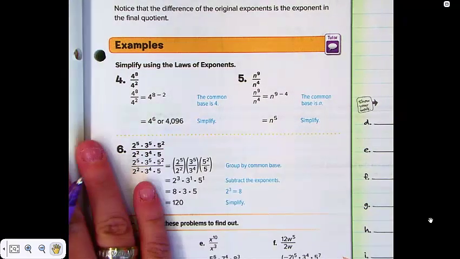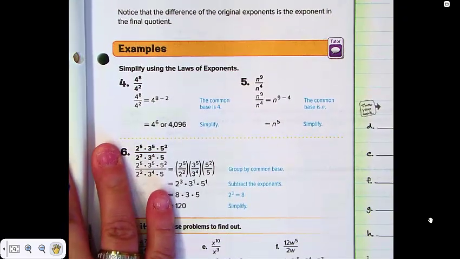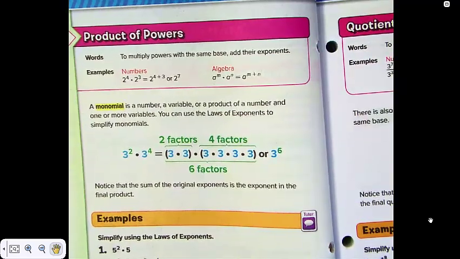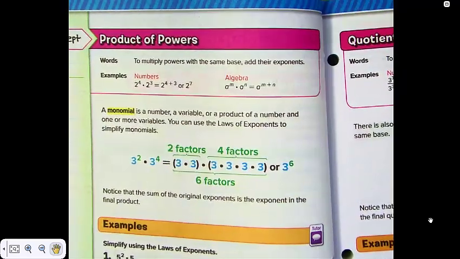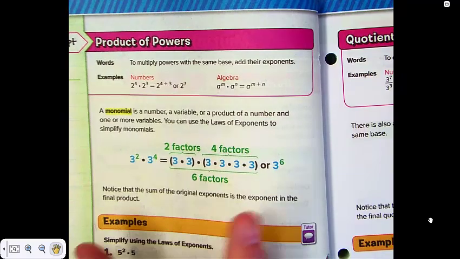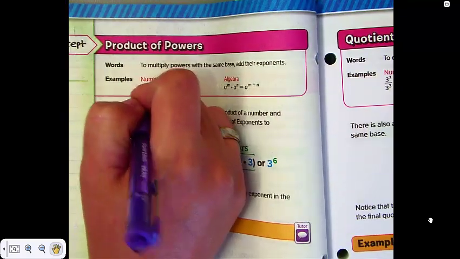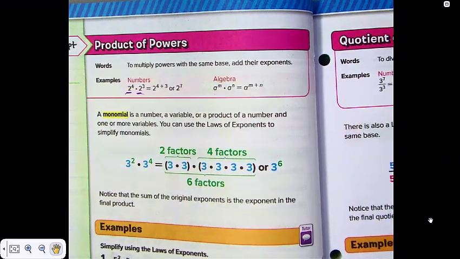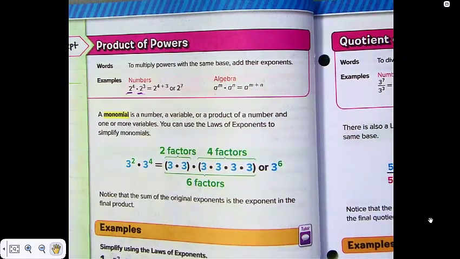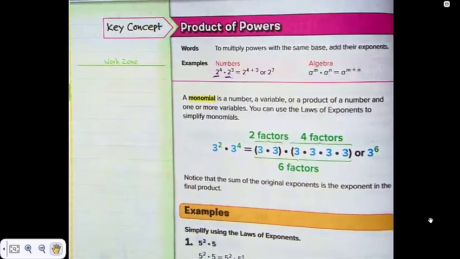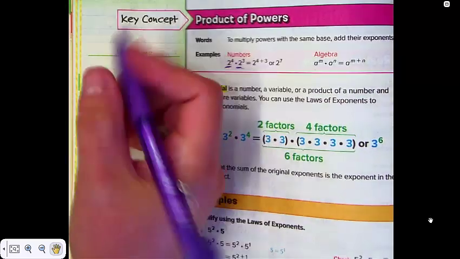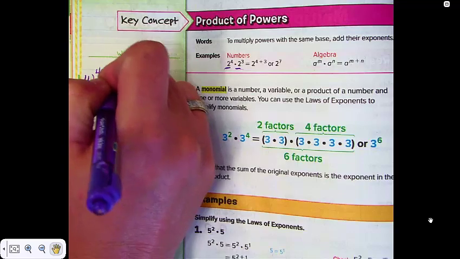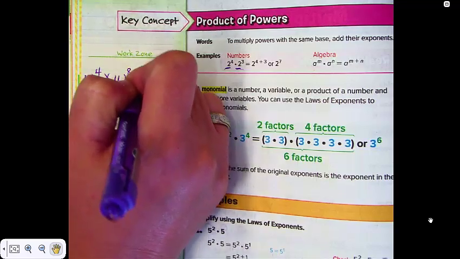Let's look at the examples. Let's look up here at the product of powers rule. What this is saying is that if I have the same base, and remember the base is the big number, so if I have the same base and I'm multiplying, I just add the exponents. That can be any base. So let's say I have a w to the 4th times a w to the 8th.